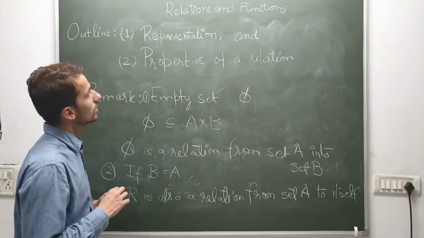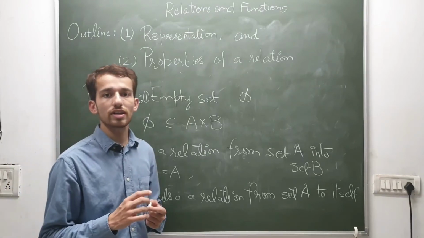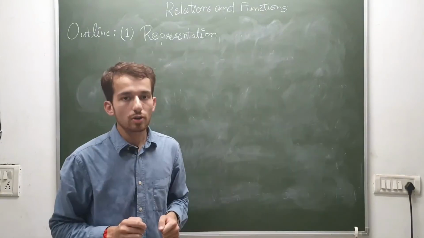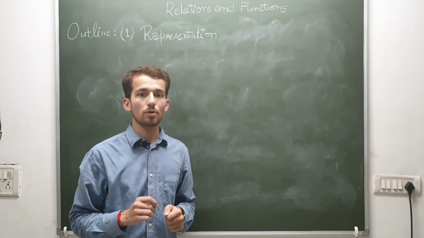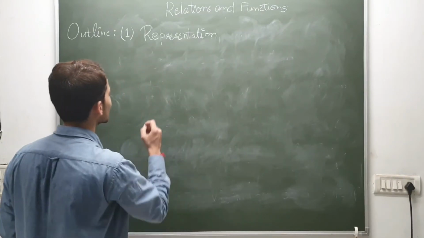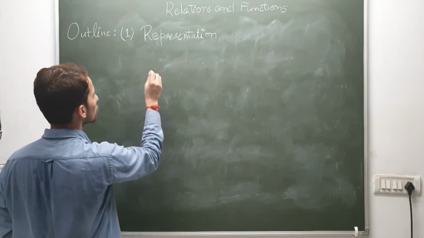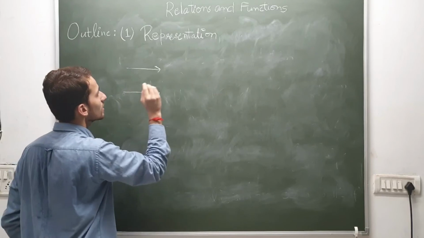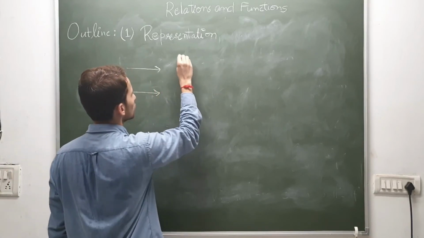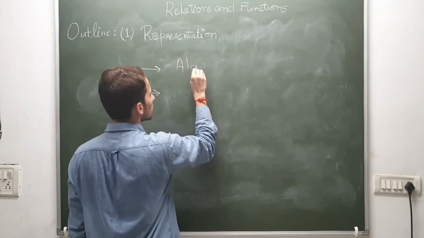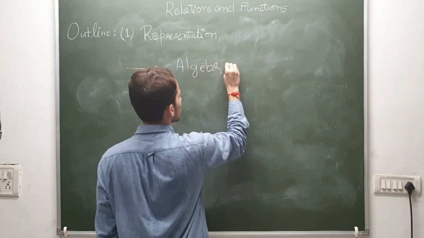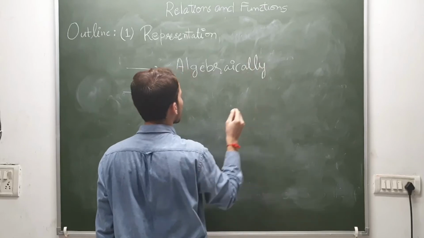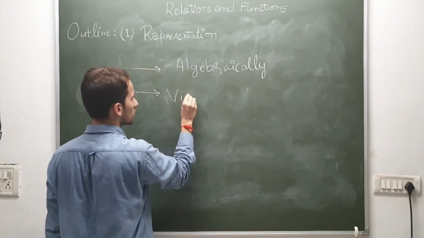And now let's move forward to the very first outline, which was the representation of a relation. Now let's try to quickly understand the representation of a relation. There are two possible approaches through which we can represent a relation. Either it is the algebraic approach, or the second is a visual approach.